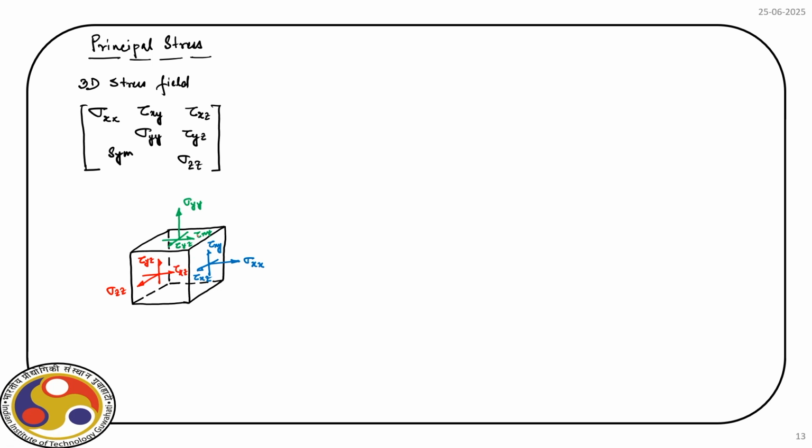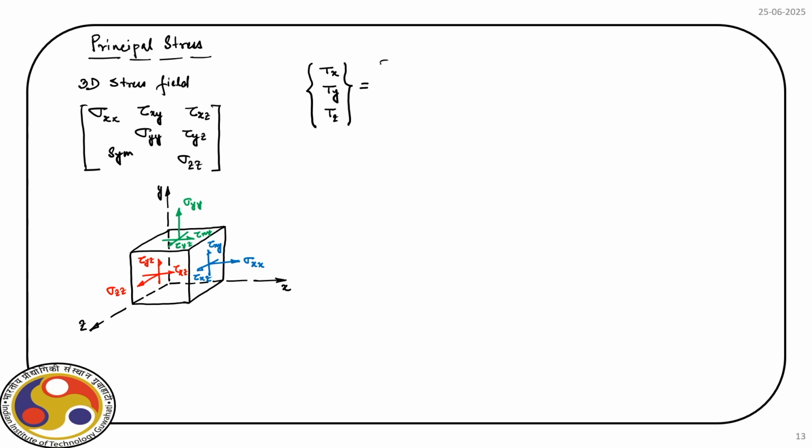I am not drawing the components acting on the opposite faces, but from this we can easily identify the stress components that act along x, y and z direction. Now, given this stress field, we can identify Tx, Ty, Tz acting over a plane, right.